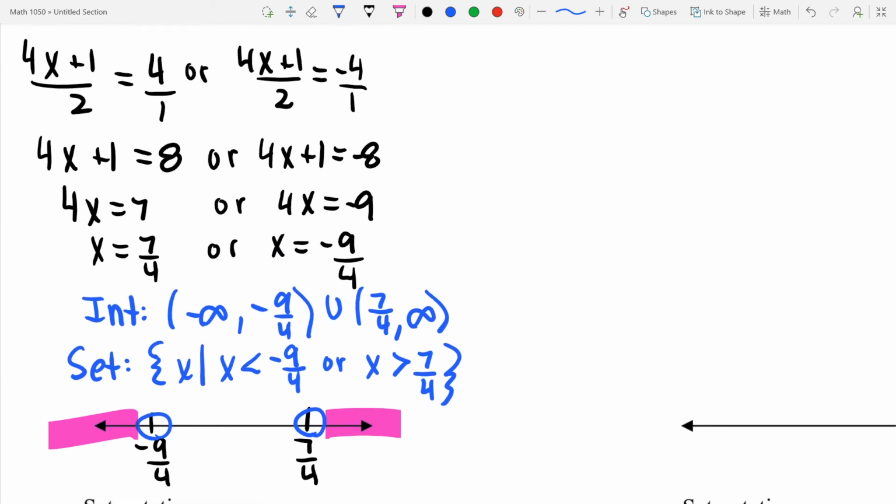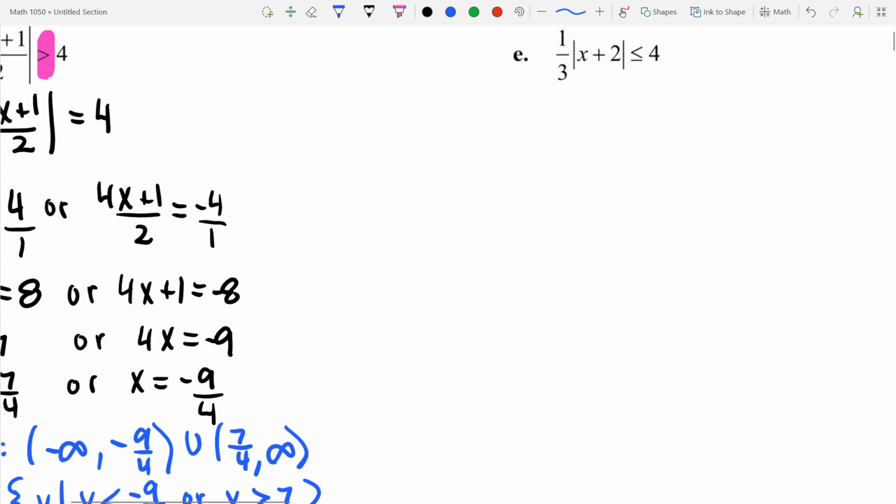Can I go? Okay. Okay, question E, step 1. Everybody in the room right now, what's step 1? Get it alone. Is it alone? No. How do I get rid of the 1/3? Multiply by 3 is exactly right. So now I have the absolute value of x plus 2 is less than or equal to 12. Is it alone? Yes. Everybody right now, what do I do now?